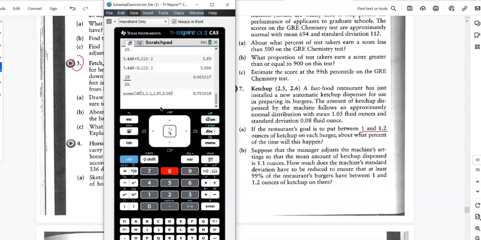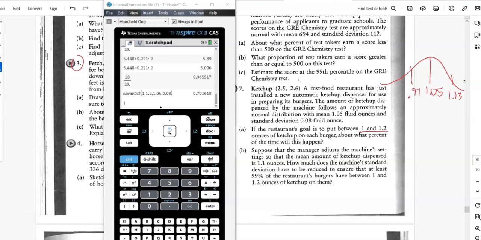So it looks like I get 70.3% of the time. You also could have used the empirical rule, I don't know if it would work there. So you're basically drawing a sketch. I think 1.05 was in the middle, and you're going out 0.08, so 1.13, and subtracting 0.08, so 0.97, and so forth.